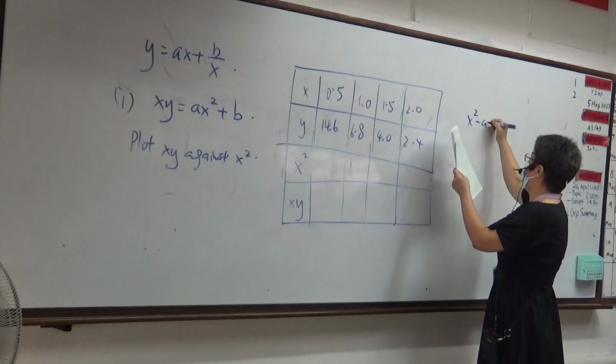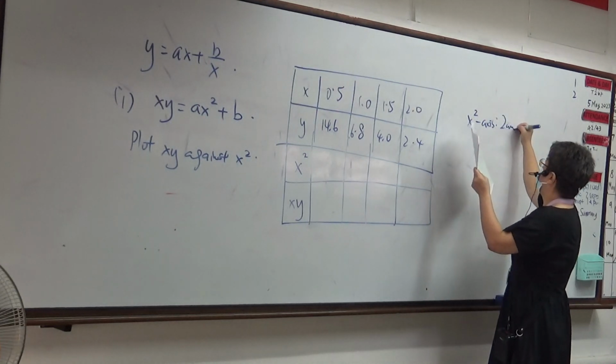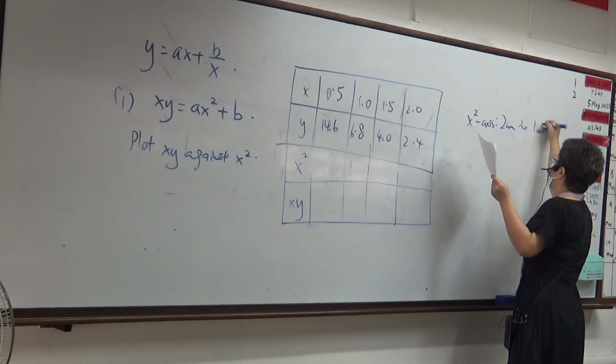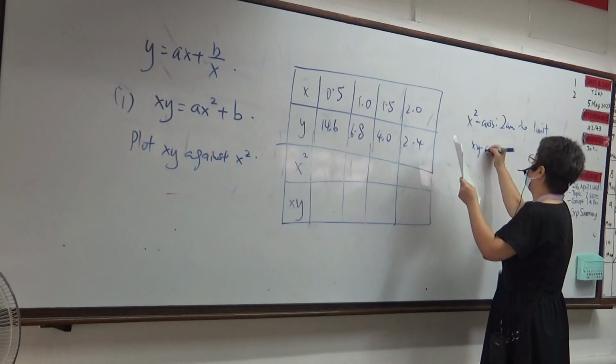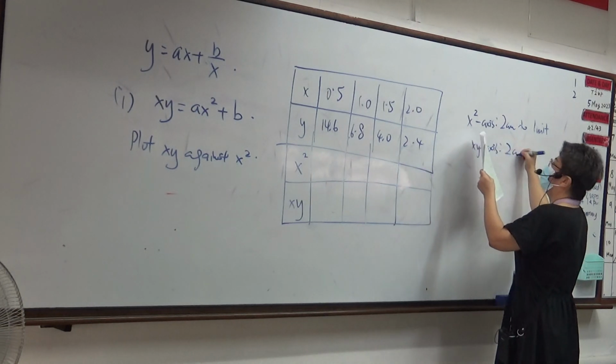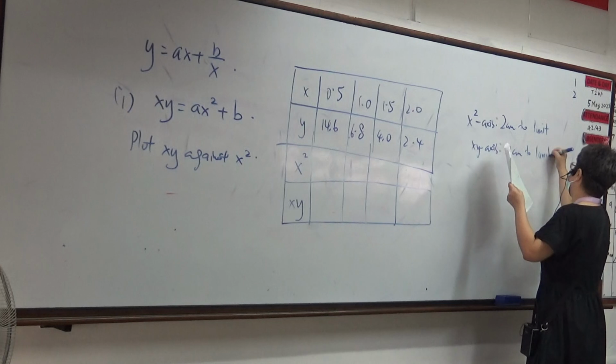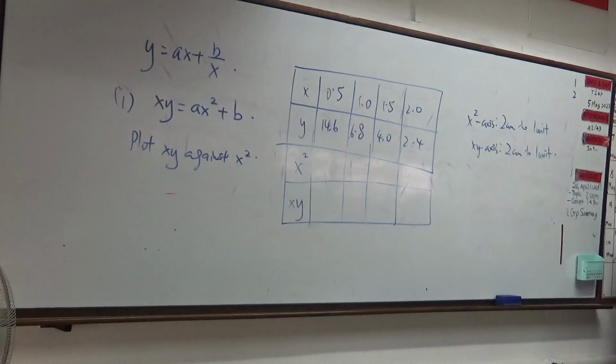The x squared axis 2 cm to 1 unit, and the xy axis also 2 cm to 1 unit. So draw this part 2 for me, or question 2 for me. Alright? Next one is question 6.